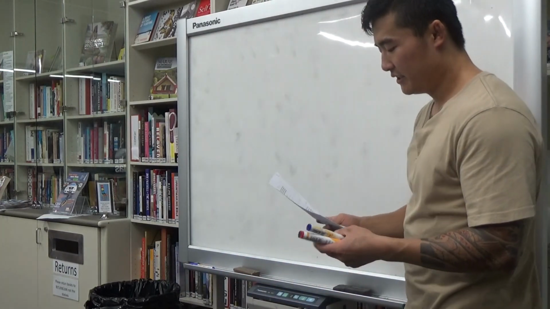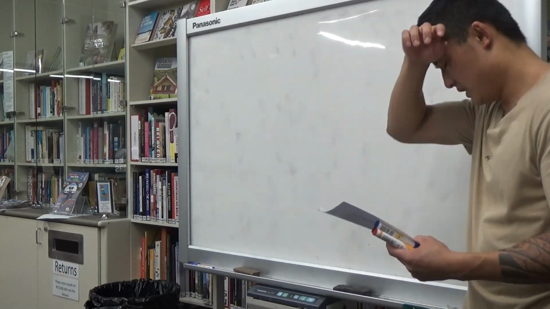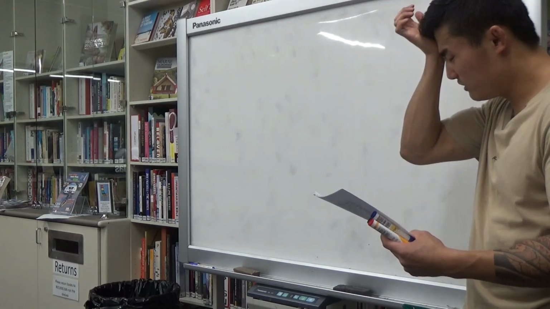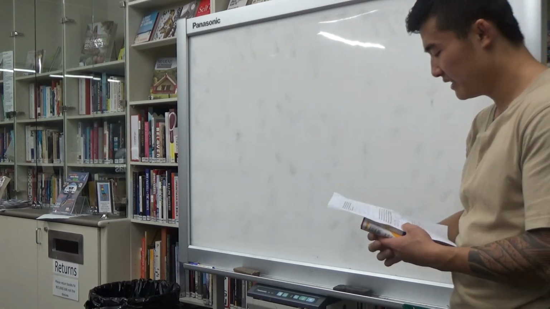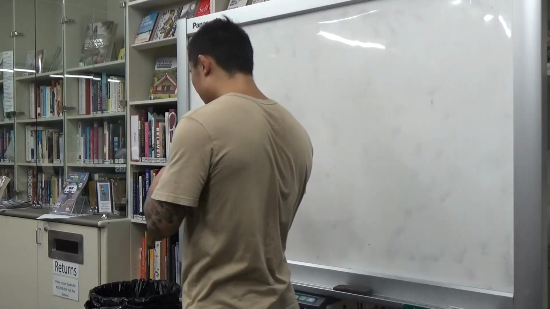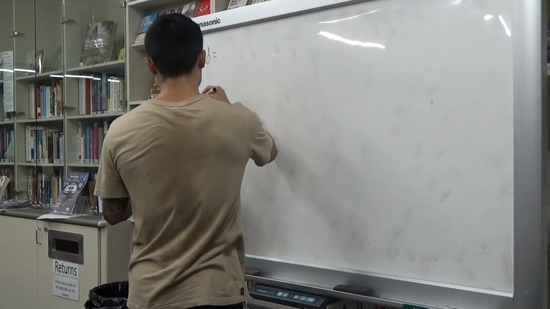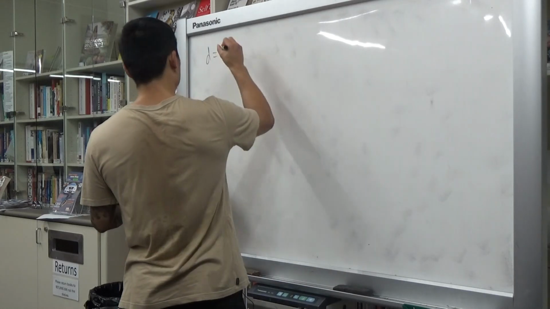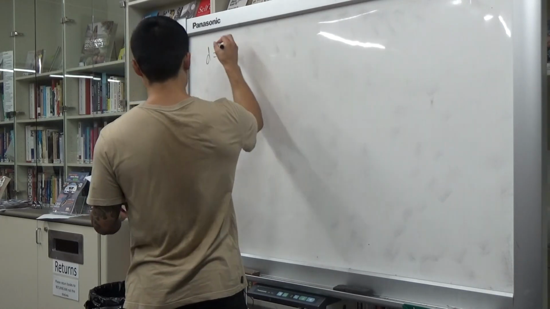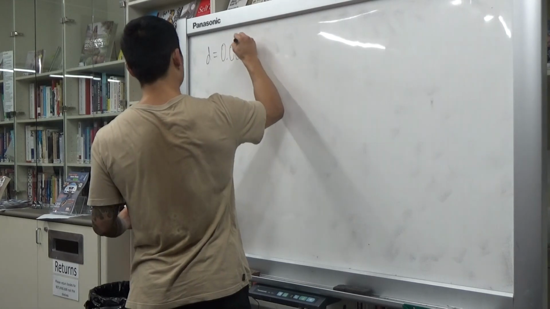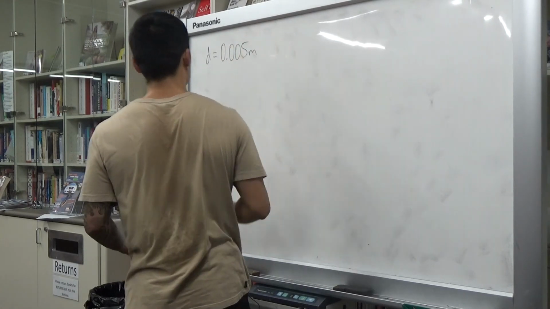So number 10, a student stands on a cold mountaintop. He's wearing a layer of clothes which is 5 millimeters thick. So that's D. So D is equal to 5 millimeters, and we have to turn that into meters. So that's either 5 times 10 to the -3 or 0.005 meters.